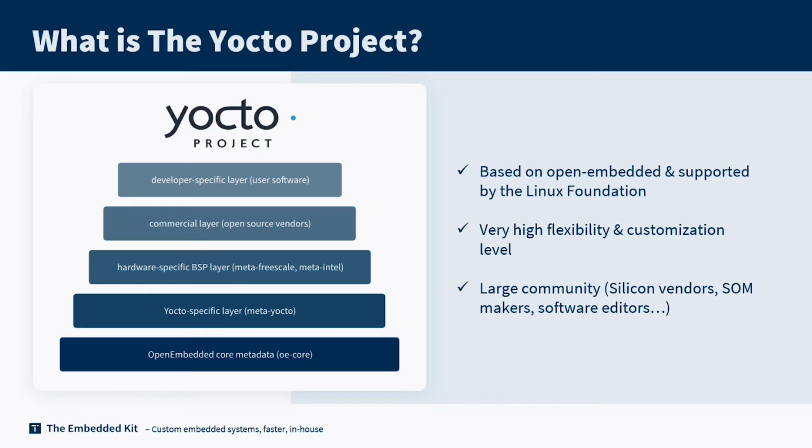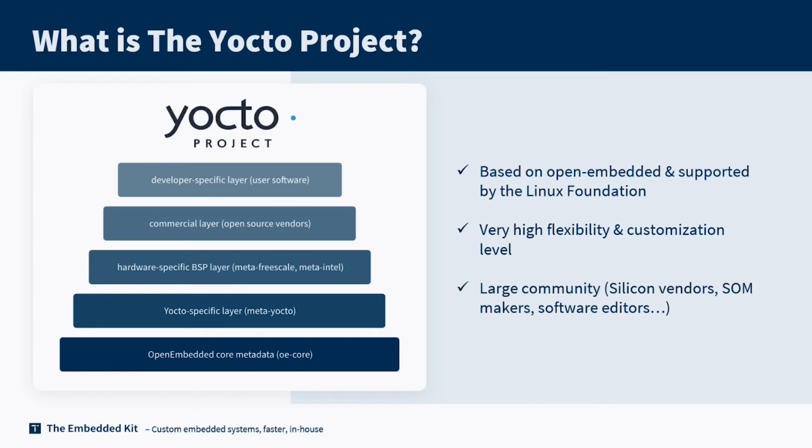So you pretty much have at the bottom here the core of the project, which is the OpenEmbedded core, which includes all the tools and base level recipes and code required to start and run the project. And as you go up higher, you get more and more specialized. After that, you get your Yocto specific layers, which are based off of the Meta Yocto.